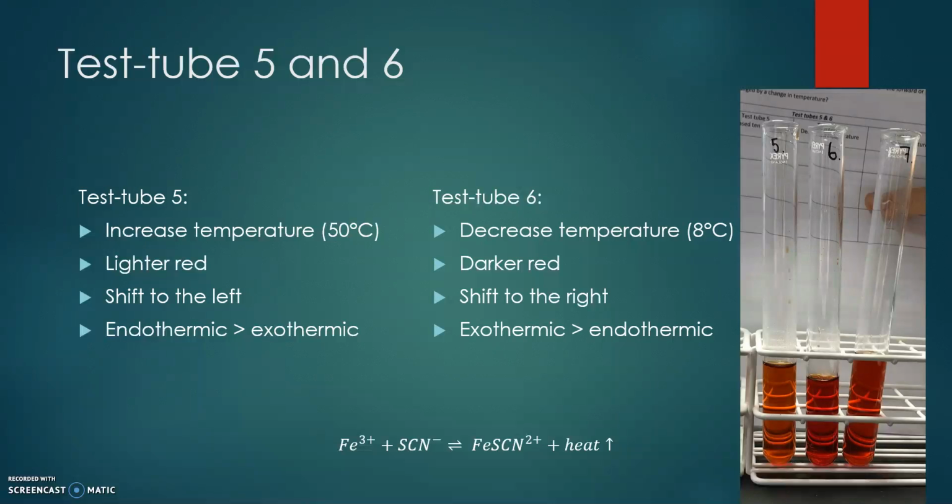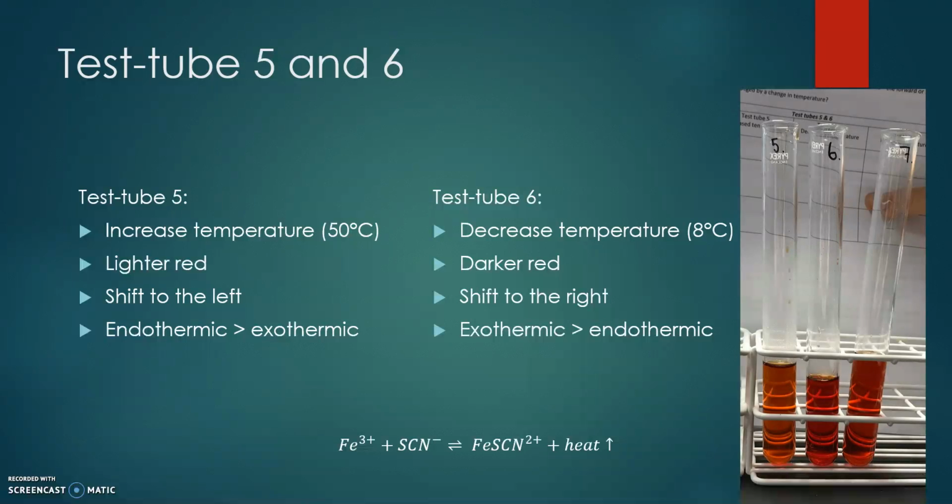In test tube 6 we did the opposite, meaning that we decreased the temperature from room temperature to 8 degrees, and the solution turned into a darker red, because then the exothermic reaction is greater than the endothermic reaction, and therefore shifts to the right.